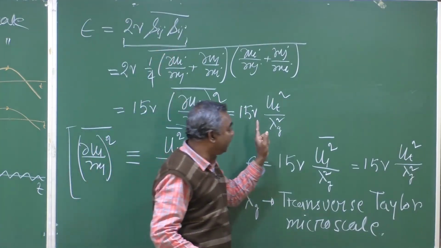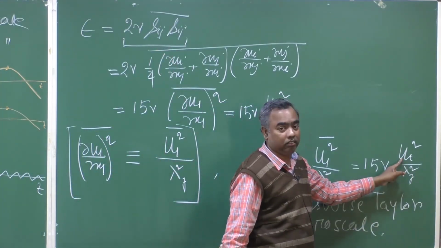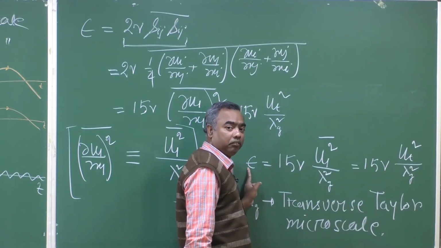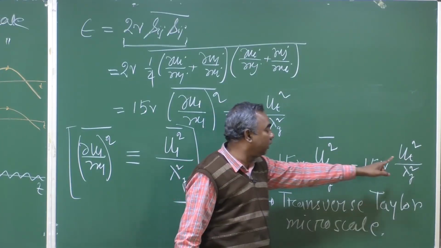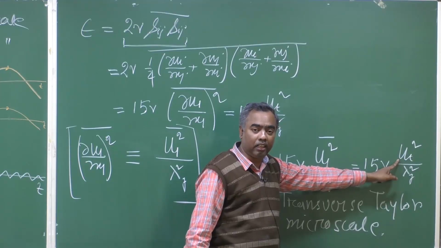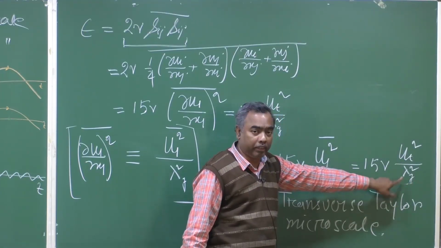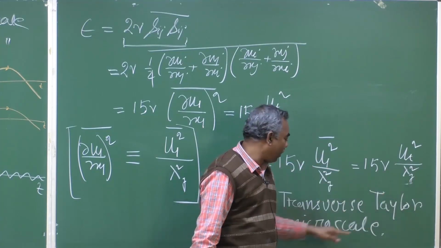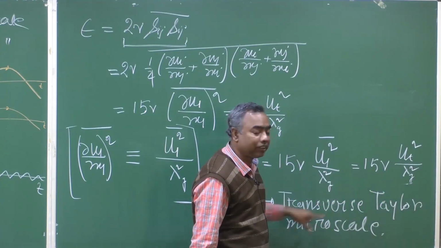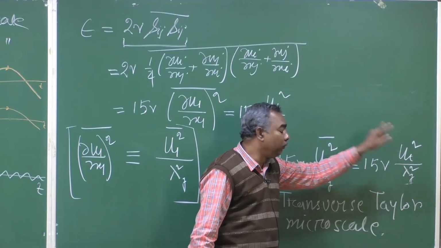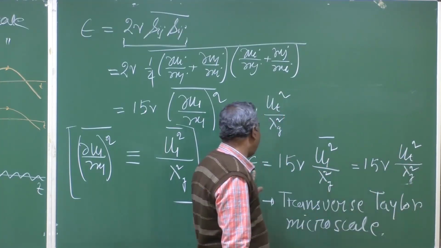We are defining this scale in such a fashion so that we can get the same value of epsilon if we consider the turbulent velocity scale here. With that, if we use this particular length scale, which is defined by Taylor, or which is known as transverse Taylor microscale, then this will give you the same value of epsilon.